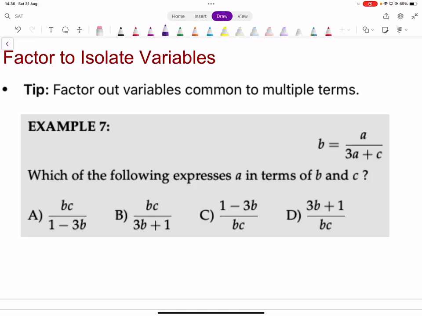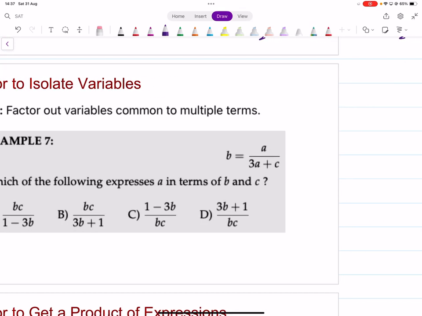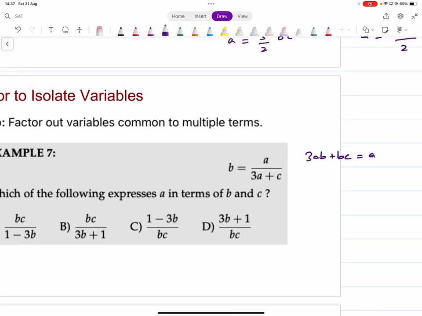So we start by taking 3A plus C to the other side, and that gives us 3AB plus BC equal to A. Alright? Now what do you want to make the subject? A. Whatever variable you want to make the subject, you take that variable to one side, everything else on the other side. Alright?